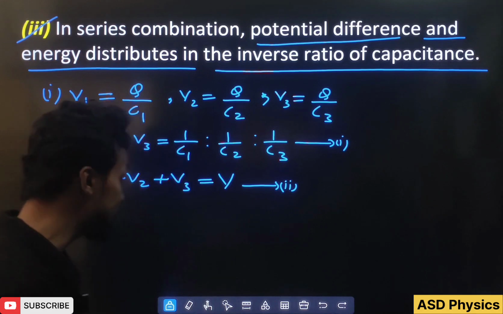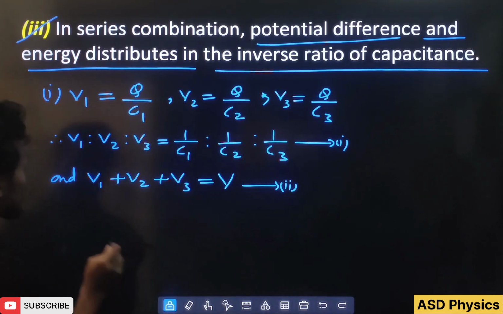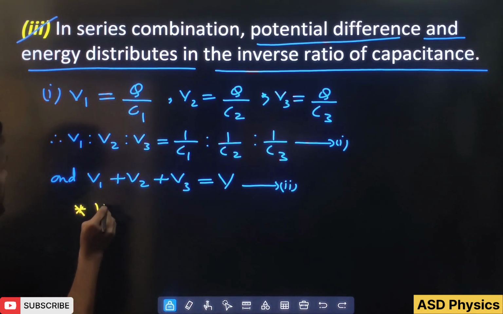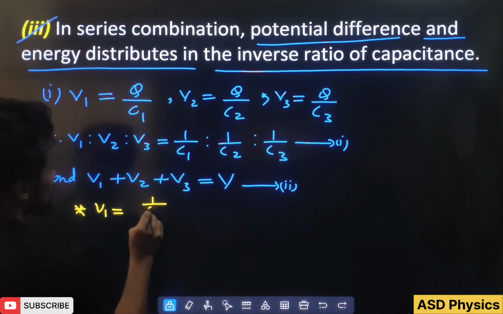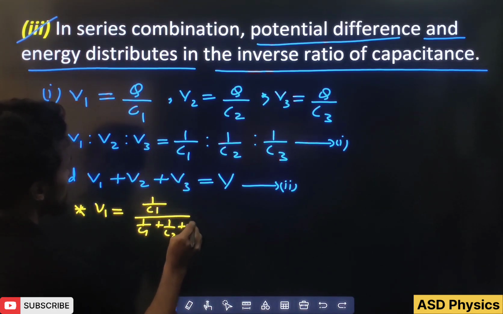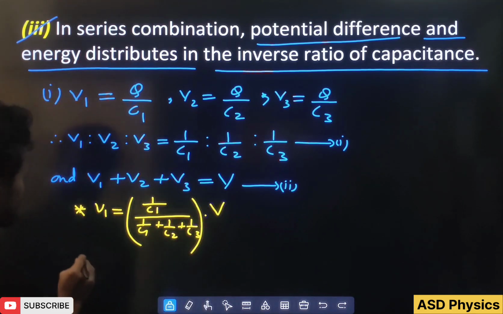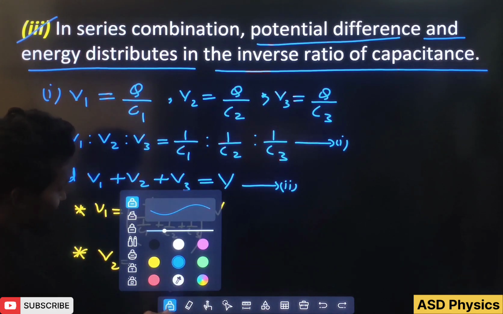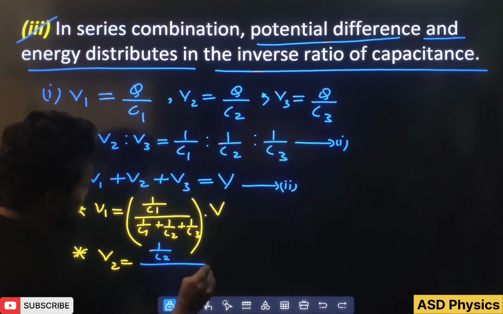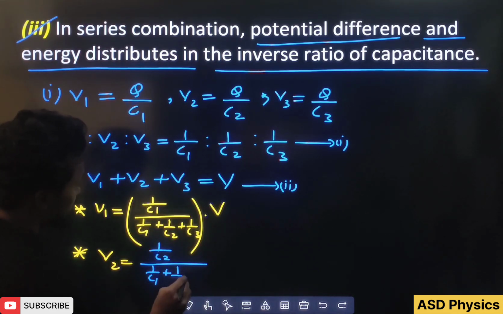So we can even write the individual voltages also. V1 will be 1 by C1 divided by 1 by C1 plus 1 by C2 plus 1 by C3, into V. Similarly, V2 will be 1 by C2 divided by 1 by C1 plus 1 by C2 plus 1 by C3.